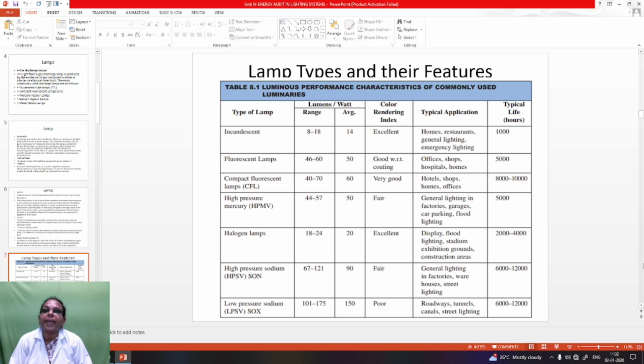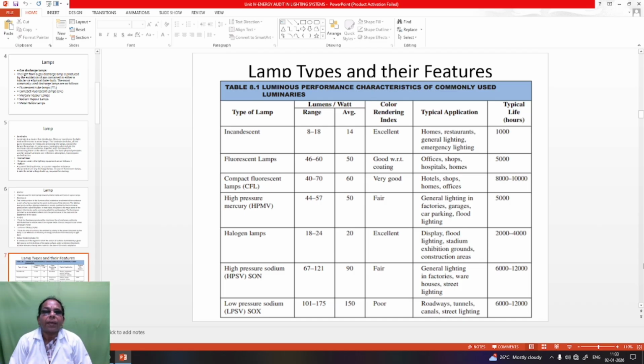Color rendering index is excellent, and the typical applications are in homes, restaurants, general lighting, emergency lighting, and the typical life is 1000 hours. Then the fluorescent lamp has a range of 46 to 60 watt and an average of 50 watt. Good with respect to color rendering, and it is used in offices, shops, hospitals and homes. The lifetime is 5000 hours.